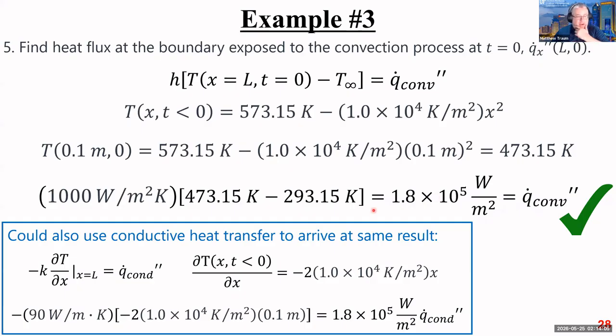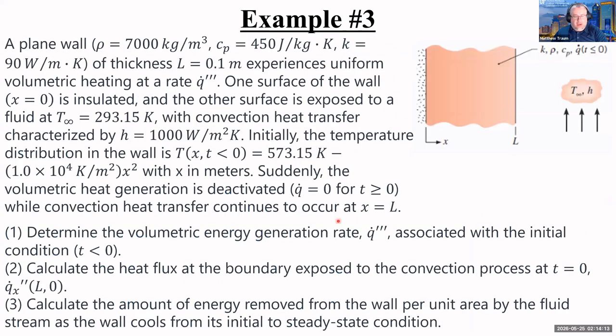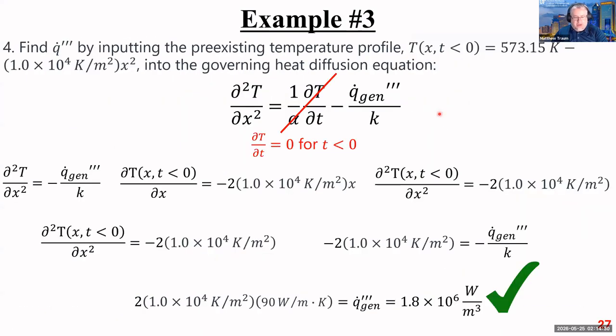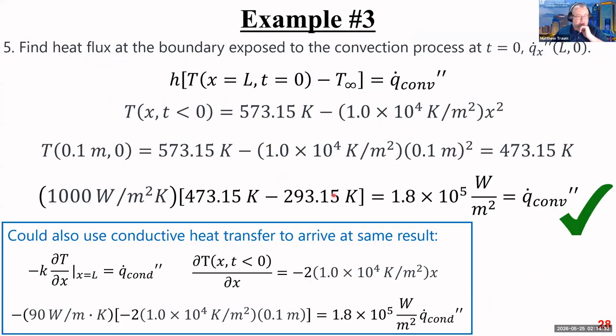Interestingly, this is not the only way to do it, right? You could also use conductive heat transfer. So instead of finding the temperature at this spot and then figuring out how much heat is jumping from the wall into the gas, I could also look at this spot but figure out how much heat is getting conducted from the slab into that spot before it gets picked up by the gas and pulled away. And I should get the same answer, right? Those should be equivalent to each other.